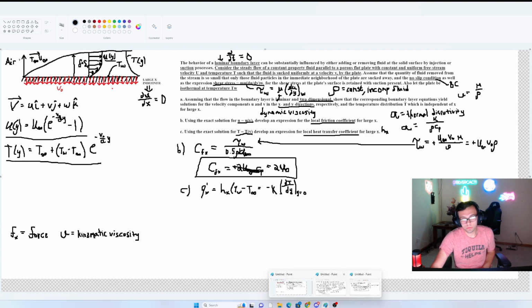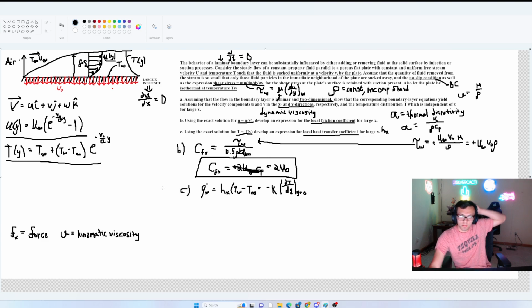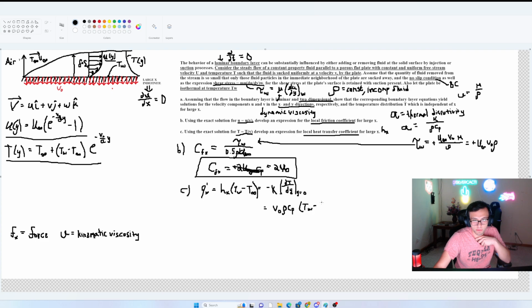So going back to this, we can do the partial of this according to y, and it'd be minus v sub O over alpha. Alpha equals K over rho CP. So you could cancel out this K. So that'd be V sub O times rho CP, and T sub W minus T sub infinity.